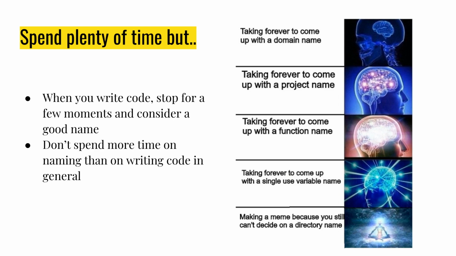And then you're taking forever to come up with a function name, which is also very important, but not so much, of course. And then you're taking forever to come up with a single variable name, which is also important, but again, not so much. The importance of a name goes down from top to bottom. And then you just make a meme because you can't figure it out.